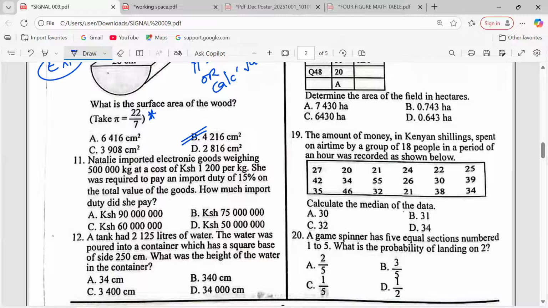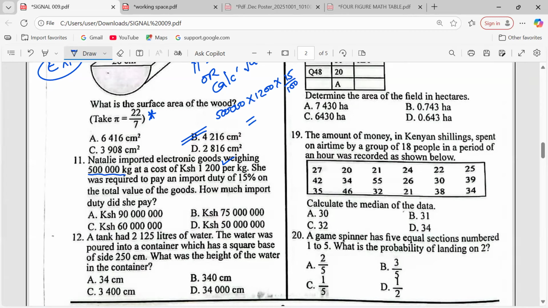These goods are 500,000 kilograms and every kilogram is 1200. So for us to get the import duty, we shall talk about 500,000, and every kilogram is costing 1200. This will be the total, but we just need 15% of this, which is our import duty.